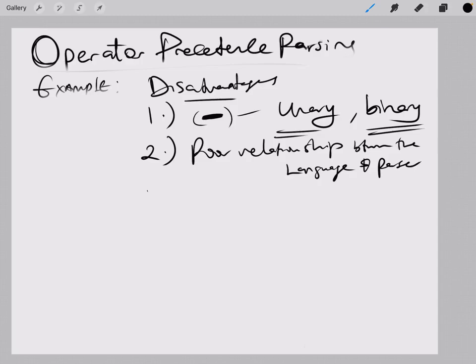Now, what is the final disadvantage on this guy? The last disadvantage is it's only a small class of grammar that actually uses operator precedence. A small class of grammar. Think about it. In programming we have if statements, we have for loops, we have while, do while, we have functions, so many things going on.